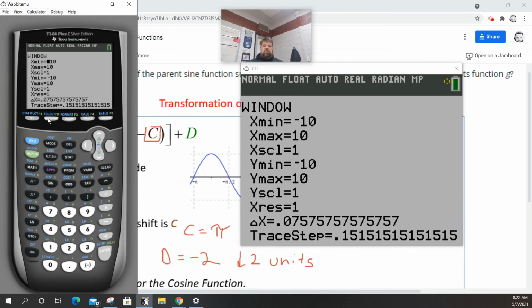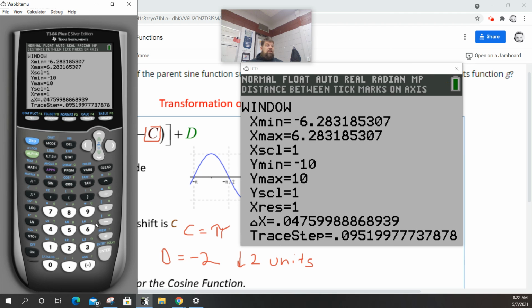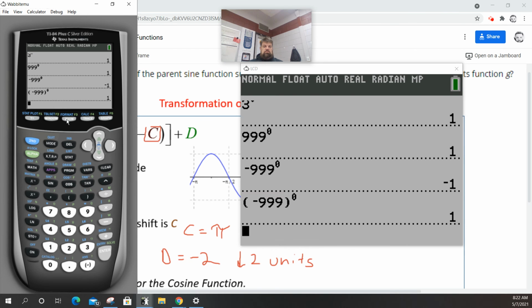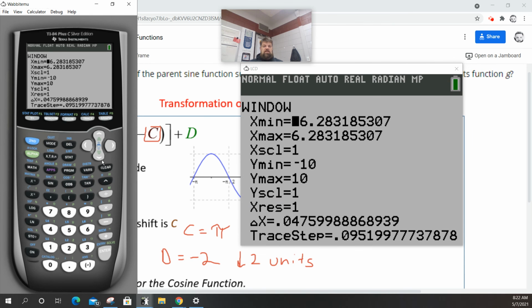I'm going to change this a little bit, though. I want x to be -2, actually 2 pi to 2 pi. And I want my y value to go from -4. Oops. Oh, it goes from -4. I put -4.